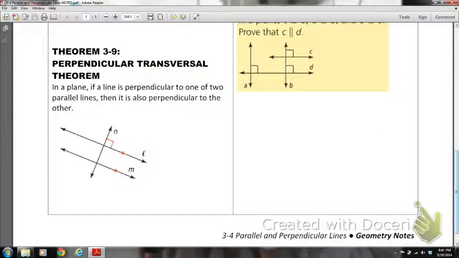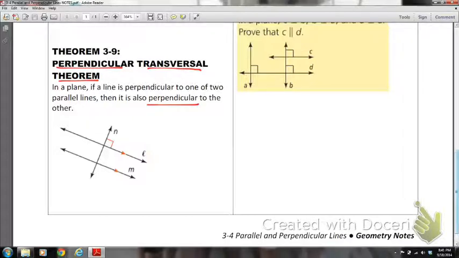The third theorem in this lesson actually has a name. It's the perpendicular transversal theorem. It states that in a plane, if a line is perpendicular to one of two parallel lines, then it's also going to be perpendicular to the other one.